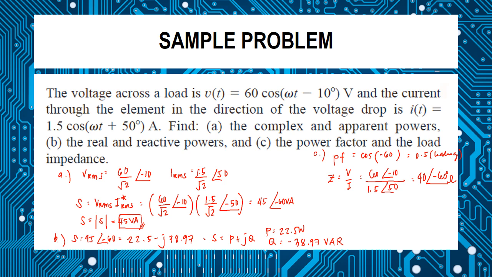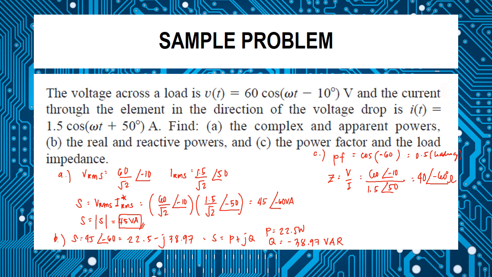This is equal to 45 angle negative 60 volt-amperes. The apparent power is the magnitude, which is simply 45 VA.